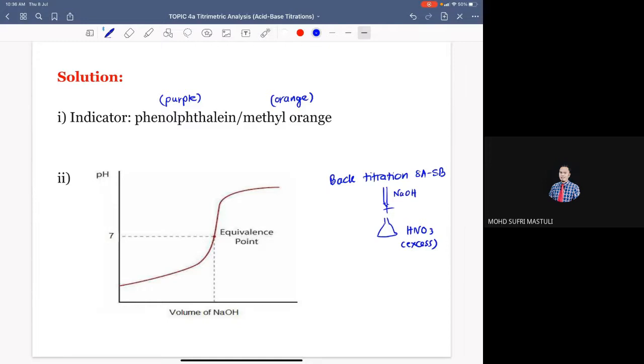So remember, we will add the sodium hydroxide slowly.